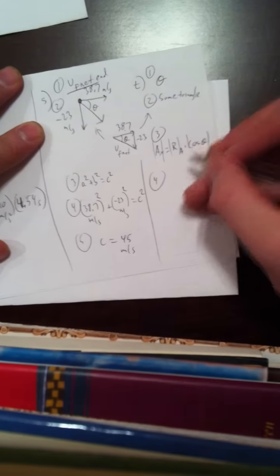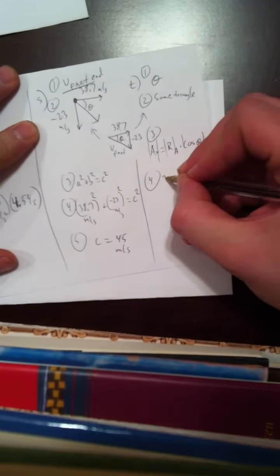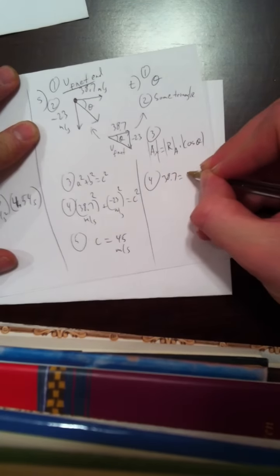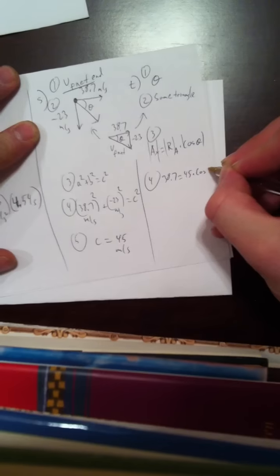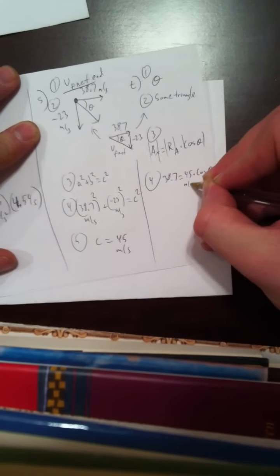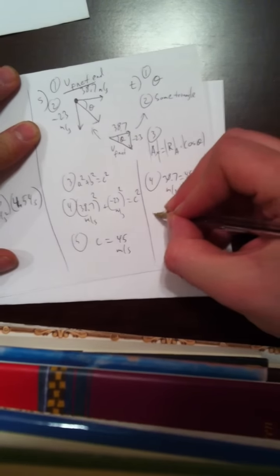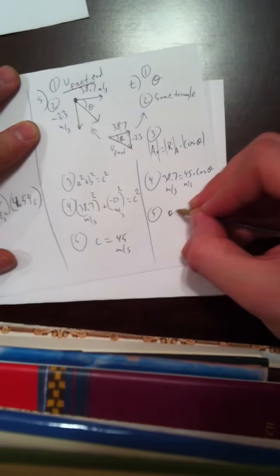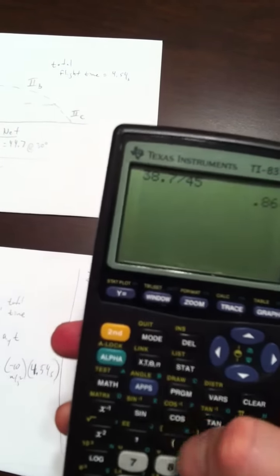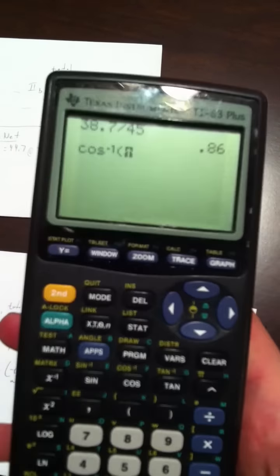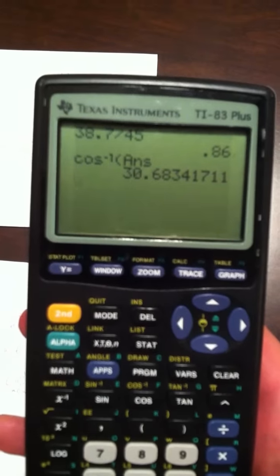So step 4 on this side would be 38.7 equals 45 times cosine theta. Theta comes out to be, we would do 38.7 divided by 45, and then do second cos. We get an answer of 30.7 degrees.